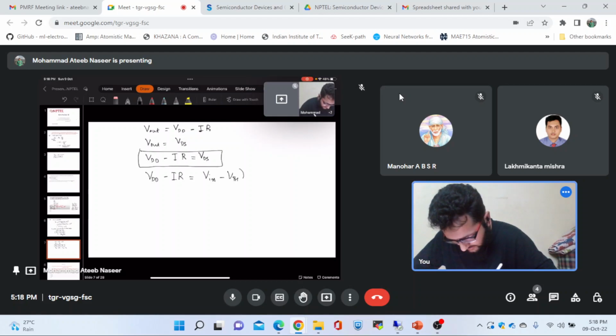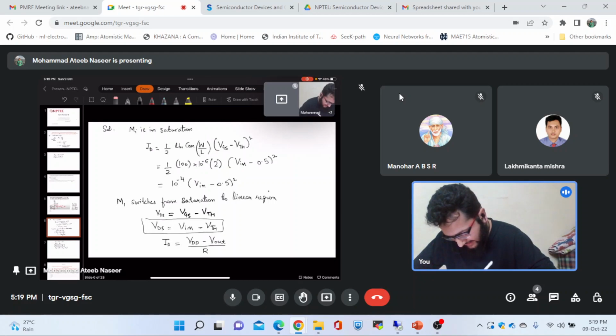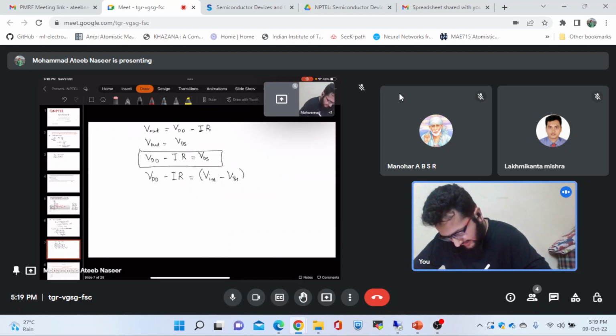So simple. Now from this we can put the value of this current I. This ID is the same as this current I that is going into this circuitry.